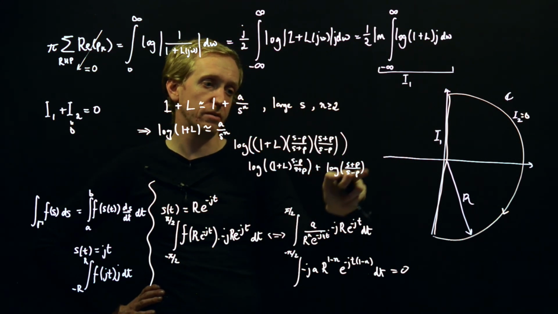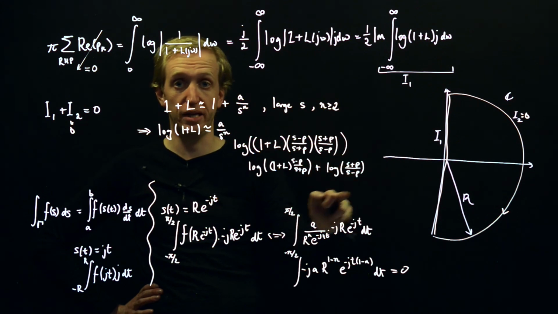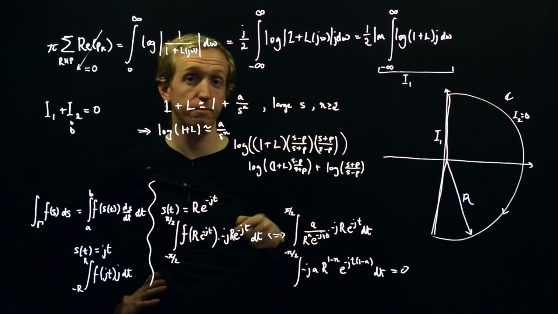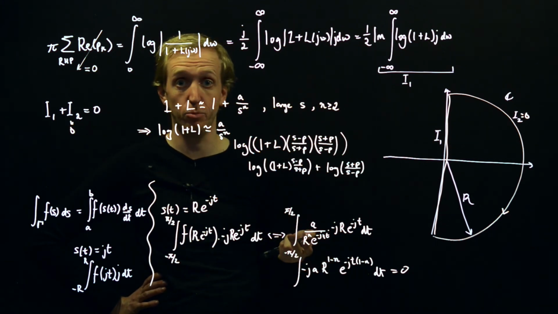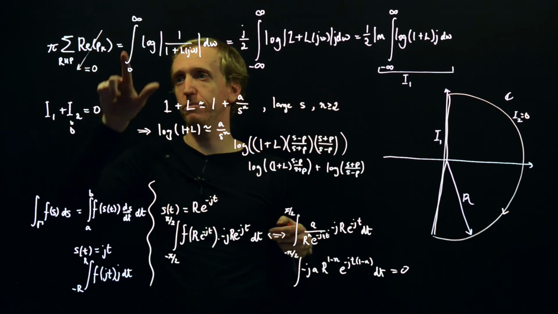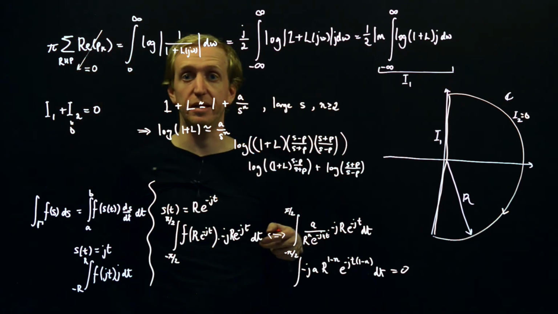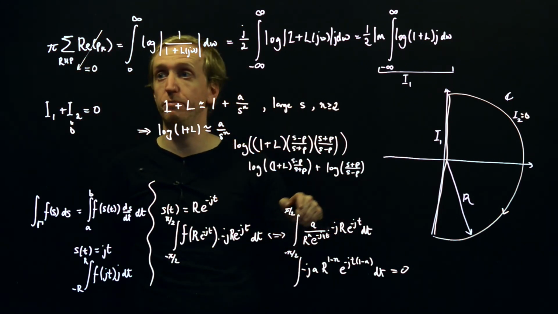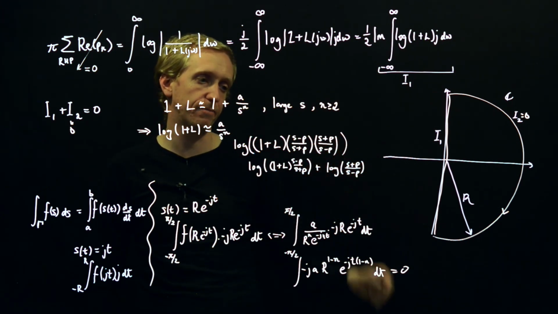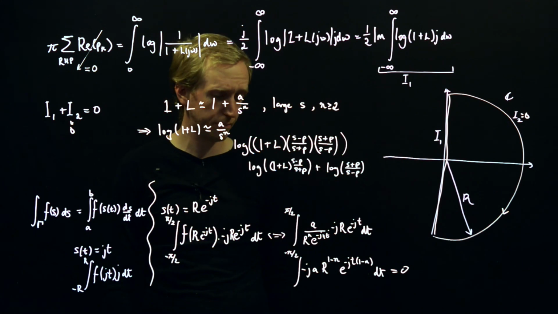And now we've collapsed the whole thing down to integrating this function here. And if you go through all the steps, you'll have one of these for every one of your unstable poles, p. And you'll end up, if you do things correctly, being able to show that this thing here is equal to the sum of the right half plane poles multiplied by pi. And you just need to be a bit careful doing these integrals here.